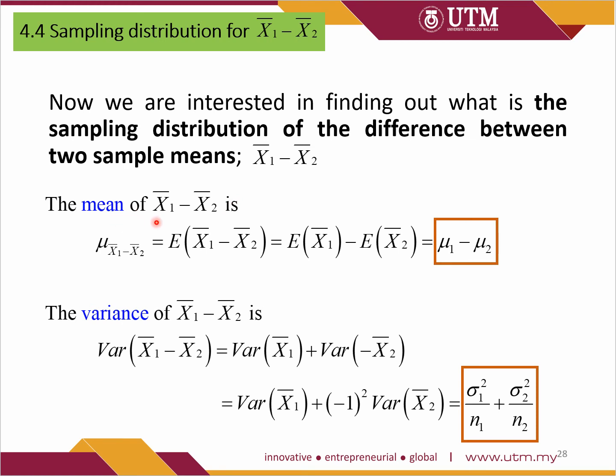The mean of this difference is given as mu1 minus mu2, as obtained from the first population and the second population, and the variance of the difference between two sample means will be sigma1 squared over n1 plus sigma2 squared over n2.